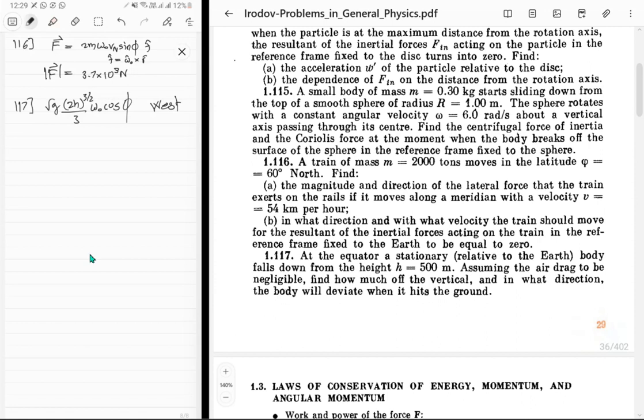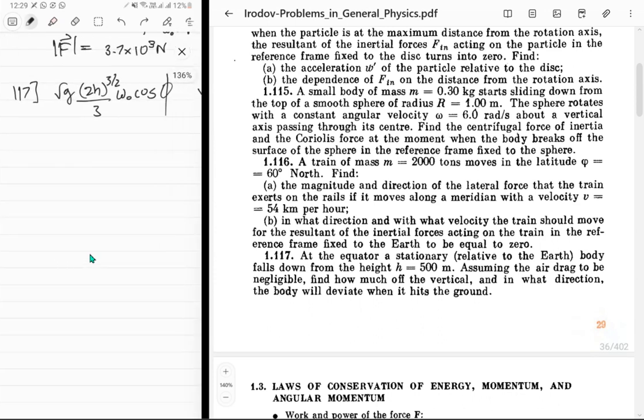Maybe I should, because g can be approximately 10, and then maybe it's doable. Cosine phi, well, phi is 0, so get rid of that. Or just not get rid of that because this is more general anyway. So phi is 0. Let's do it.